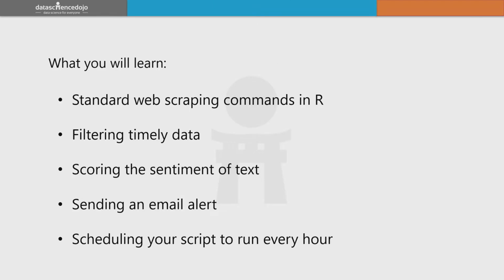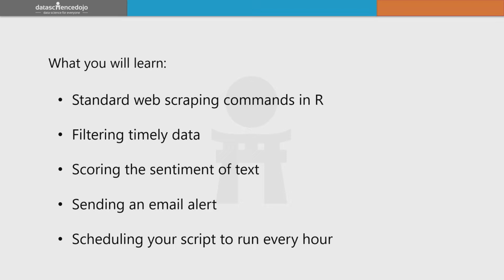Okay. So what we're going to learn tonight. I'm going to introduce you to standard web scraping commands in R. So we're going to go through how to scrape the main header or title text of a web page, and also the paragraph text. We're going to be looking at timely data, so text that was published within an hour or a certain time frame.